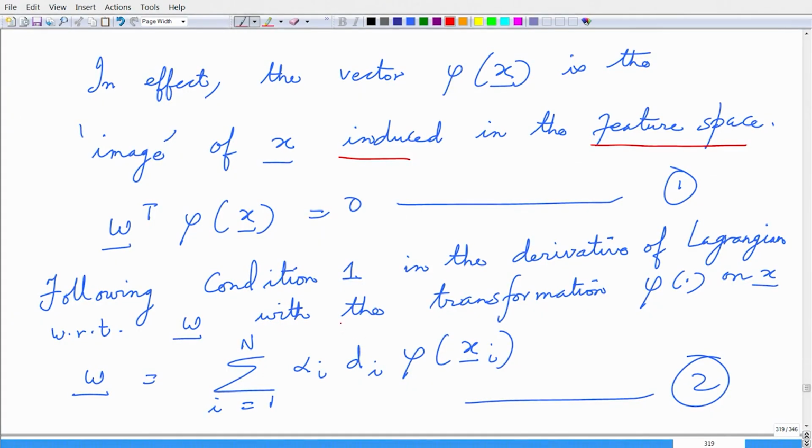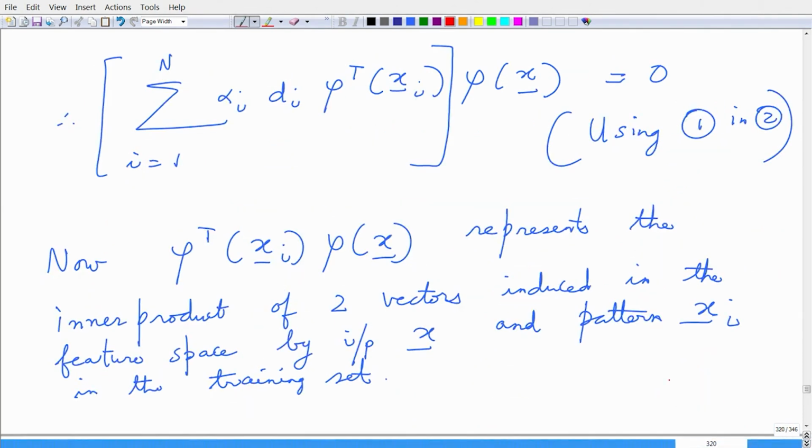So that is what we have straightforwardly from condition 1 in the derivation of the Lagrangian. By using this nonlinear transformation on xi, we land up with the weight vector w equal to summation i equals 1 to n of alpha i di times phi of xi. Just notice this detail. I call this equation 2.